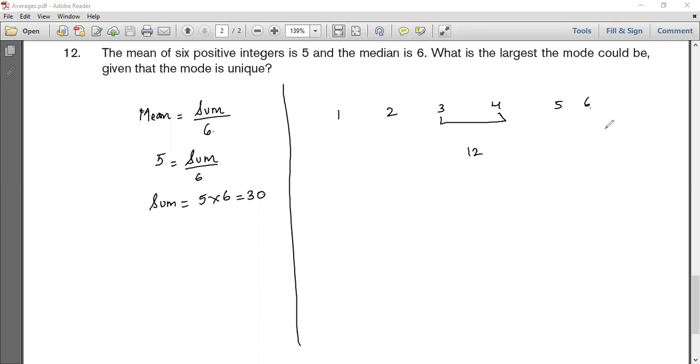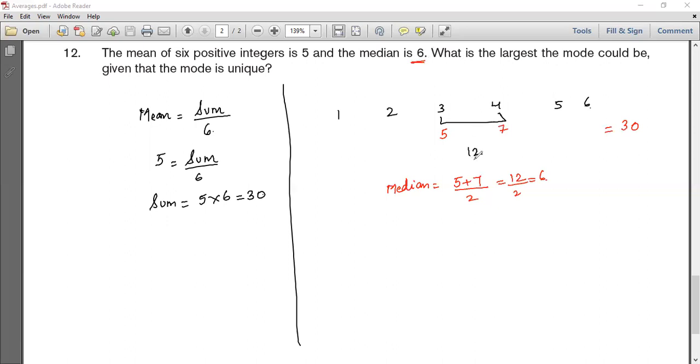Okay. But they also have to add up to 30. Now the combination that can fit in here, like if we take 5 and 7, the median will be 5 plus 7 over 2, which is 12 over 2, which is 6. So my median is 6, which is tallying.